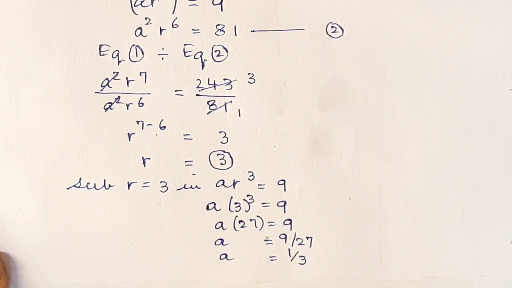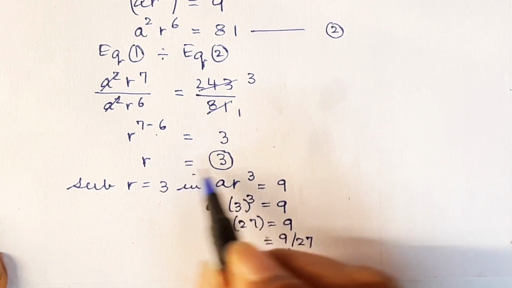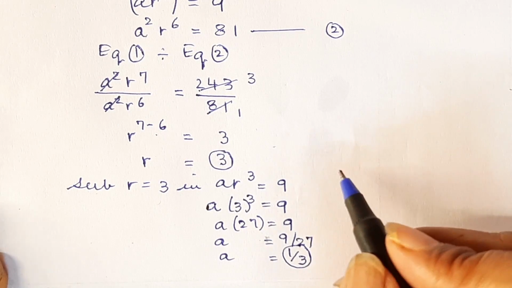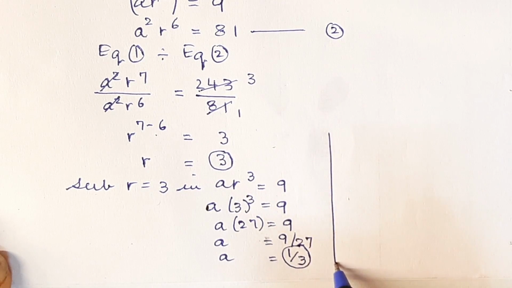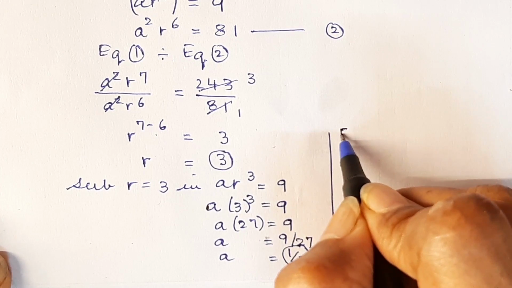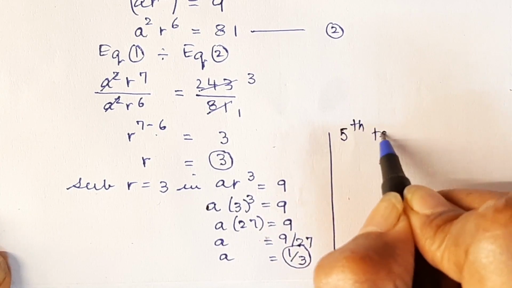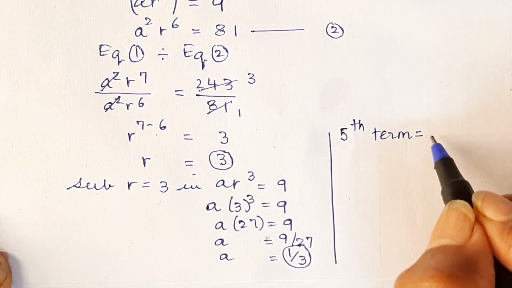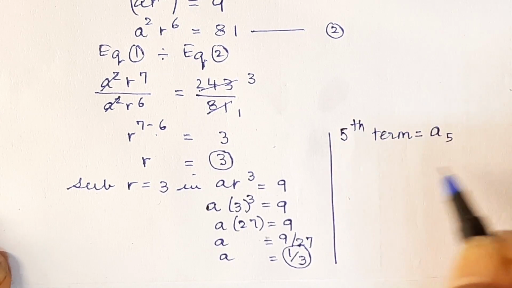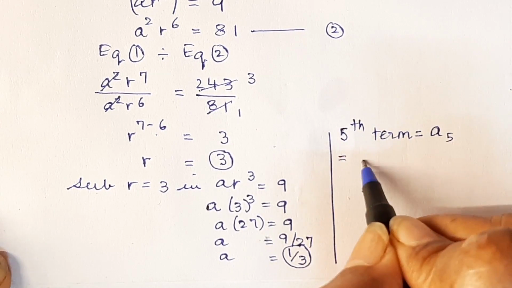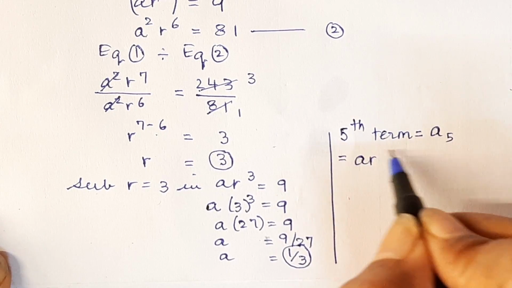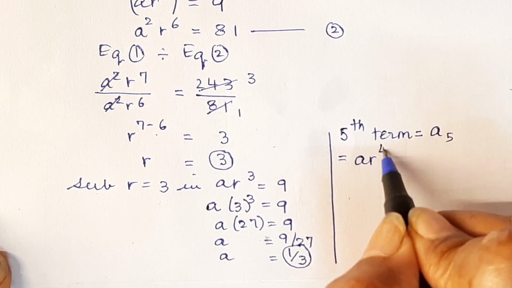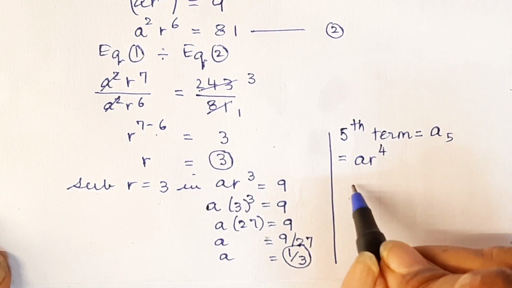So now we have the value of R, that is common ratio, and we have value of A. What are they asking us? They are asking us the fifth term. So fifth term, we will use the formula AN. So it will be A5, which will be equal to AR to the power n minus 1 means 5 minus 1, and that will give you AR to the power 4.